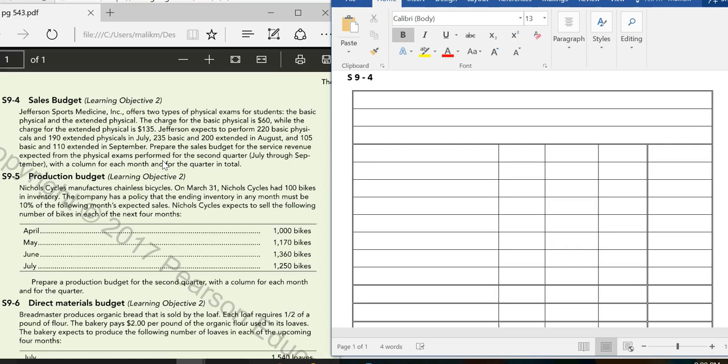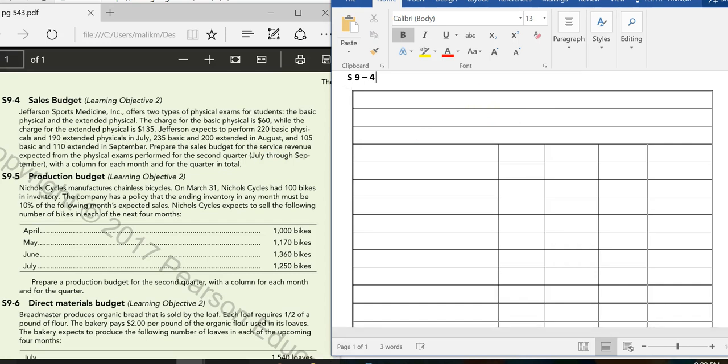So it's basically talking about their third quarter's projected number of physical exams, and we also know the price. So using this information, we're going to prepare their sales budget.